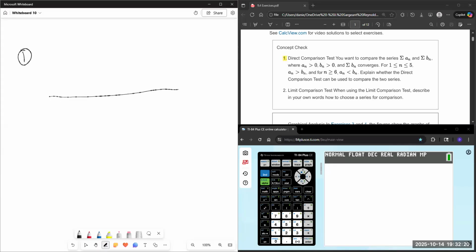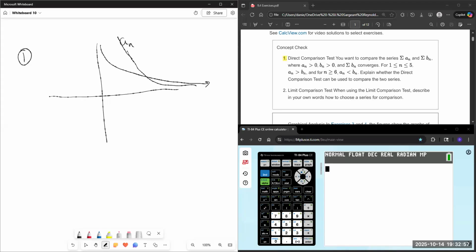So let's try and draw a graph here for the situation that we have. AN is going towards 0 because this converges, and BN is also going to go towards 0. And let's see, AN was greater than BN until somewhere out here.